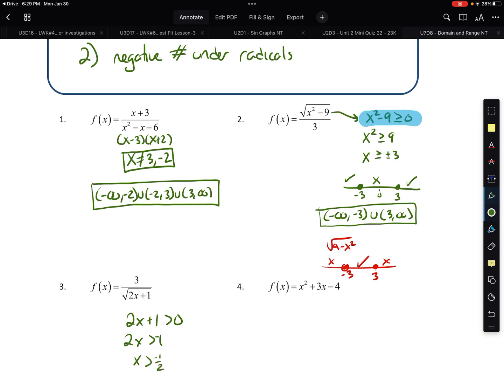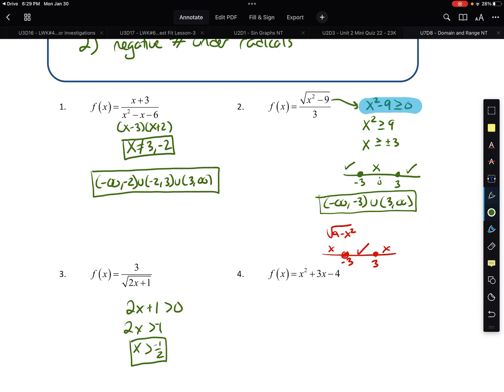That's our domain, and technically this is the correct answer. There's nothing wrong with that. But if we wrote it in interval notation, we would have negative 1/2, parenthesis, to infinity. Same answer, different way.